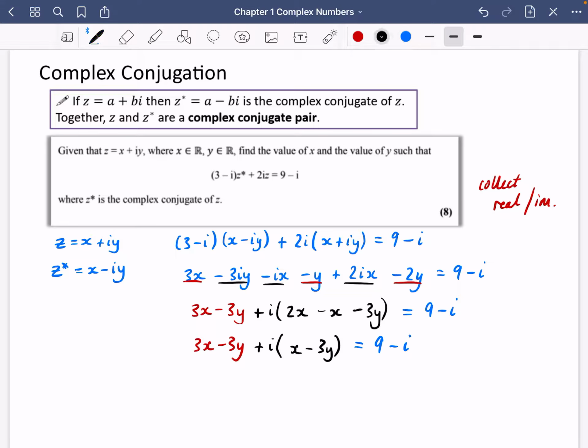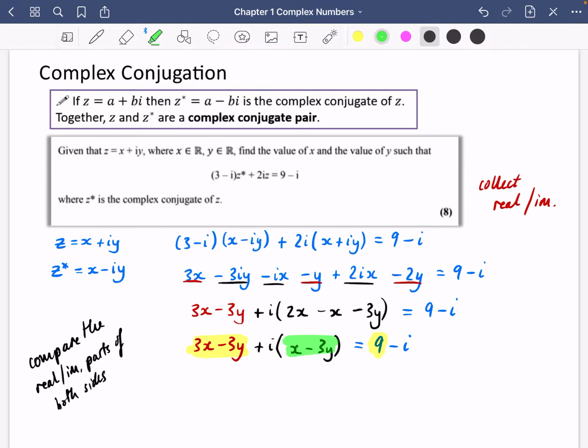Now here's the neat trick that you can do. You can compare the real and imaginary parts of both sides. Because they're equal to each other, we know that the real part on the left-hand side must be equal to the real part on the right-hand side.